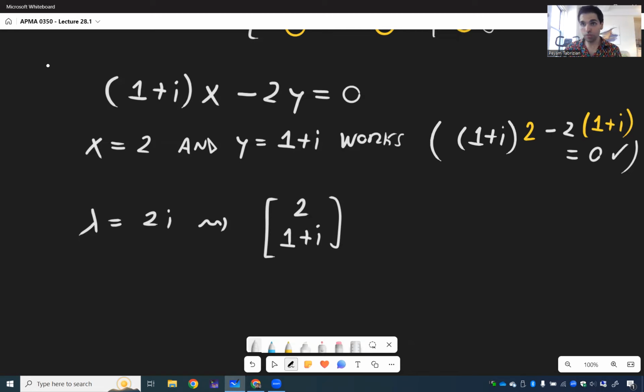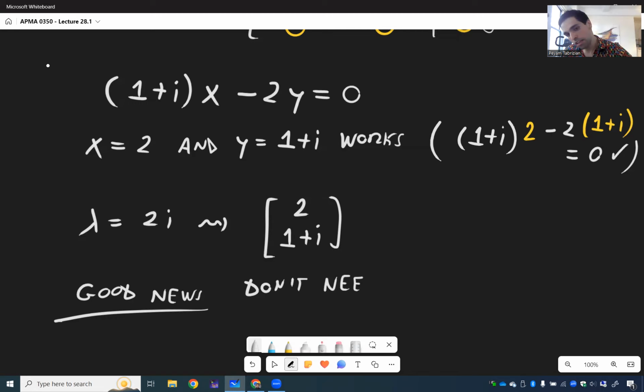Now, here's the good news. We did it for 2i, and we don't need lambda equals minus 2i, because just like for complex roots, one complex eigenvalue is as powerful as two real eigenvalues. We have seen this before in second order ODEs, where we didn't use, let's say, r equals 2 minus 3i.